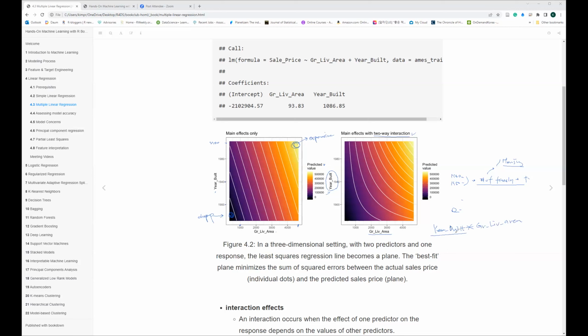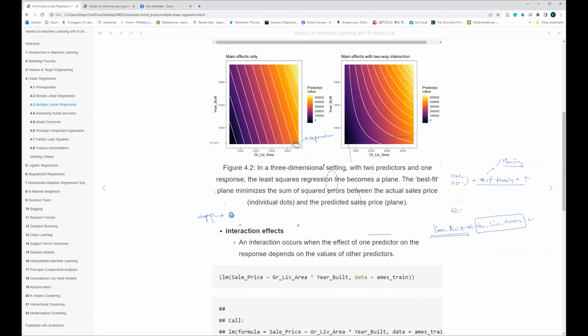So depending on how old the building is, the ground living area is going to be different. That actually produces the sum of these curvy lines for predicting our outcome. So that's what is called the interaction effect here at the bottom.